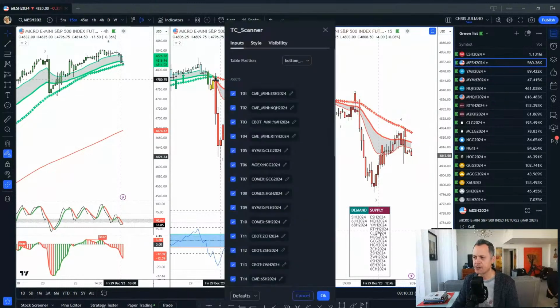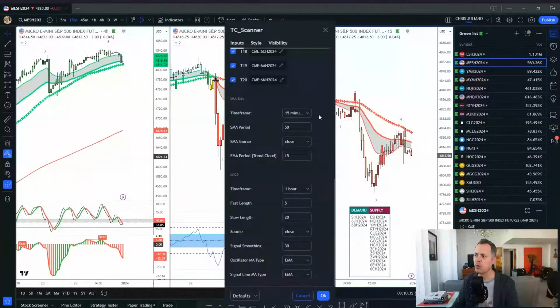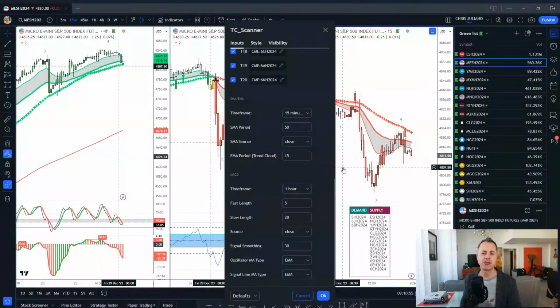So this is adjustable. If you want to go out more long term, what you would do is put the 1 hour and 4 hour chart here to use more longer term signals. Okay. But we want to get in on the signals that are taking place during the opening range breakout, which is one of the strategies that we like to use in the morning.